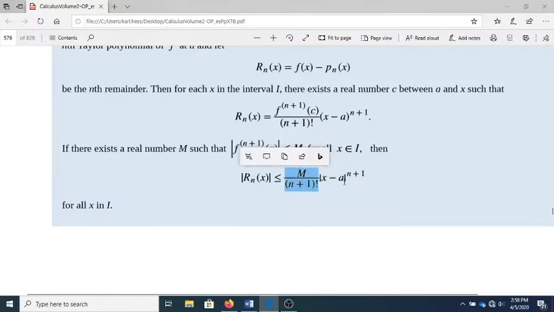Again, x is the number we're trying to get our approximation at, and a is the number we're centered at. I know that sounds like a mouthful, but if you've already pretty much got down the formula for the terms, this isn't too much of an adjustment. Let's see what that looks like for our function.